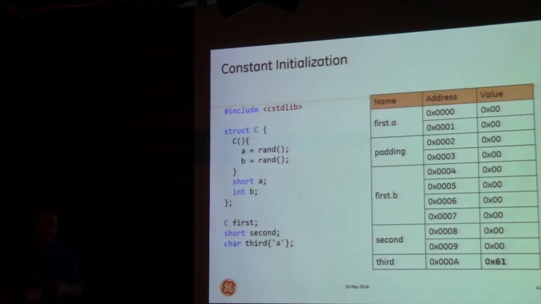Right. So what he's saying is, for those that are constant initialized like this, it's basically just going to store those values in the executable, and it's going to map them into memory. However it decides to do it, that's implementation dependent. And so there will never be a point where it actually was zeroed for that section. That's correct.